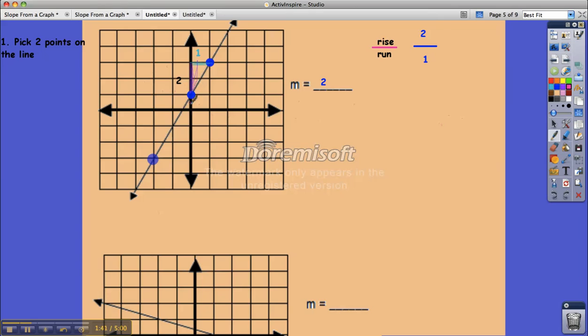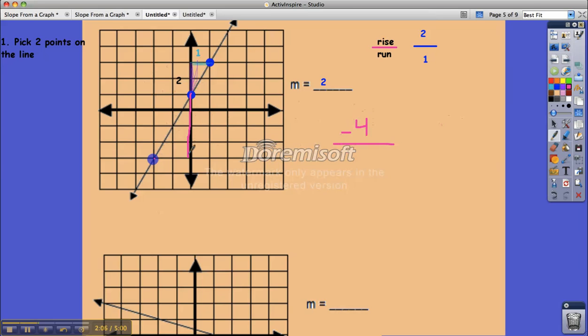So you start at this point, not at the origin, at the point, and I want to do my rise over my run. So from this point to get to this point, I am going to go rise first. So I can't go up, I'm going to go down. 1, 2, 3, 4. So my rise is negative 4. Okay, well, I want to put that over my run.